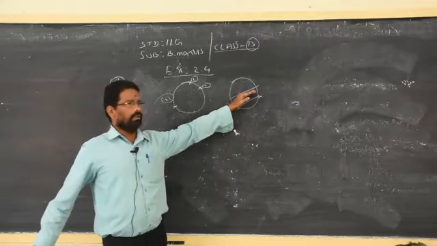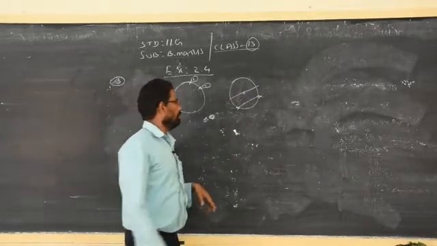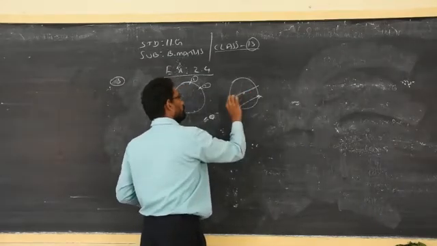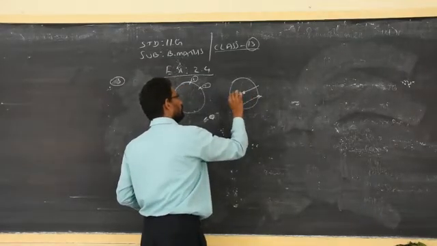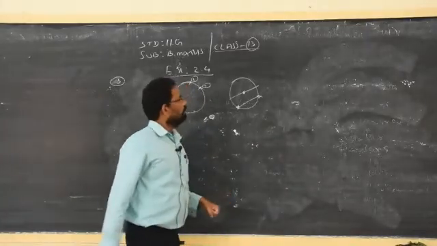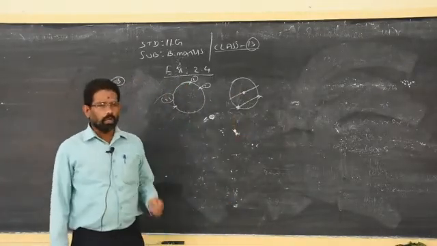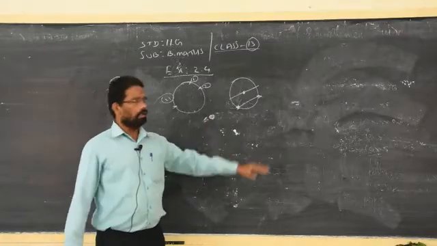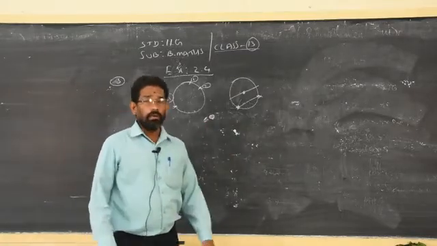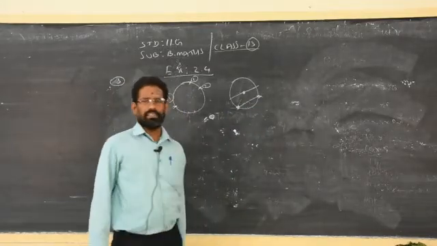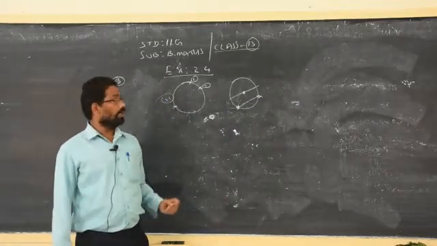Everything will be a chord. If you connect, okay, this is a chord, this is also a chord, but this line passes through the center of the circle, therefore we have a special name for this chord, diameter. So to draw a diameter or a chord, how many points do you need? Only 2 points. That is called a chord, a line segment.